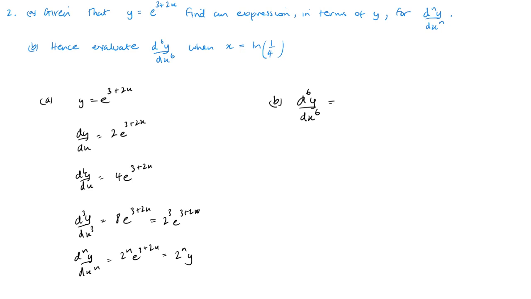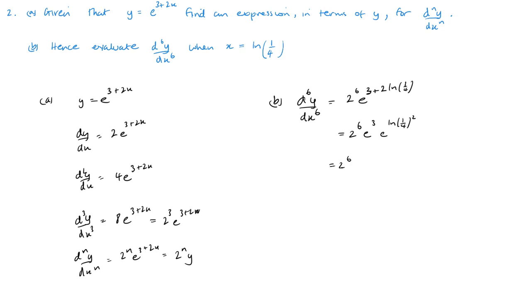So the sixth derivative is going to be 2 to the power 6 e to the 3 plus 2x, but x is ln a quarter. So it's going to be 2 to the power 6 e cubed e to the power ln a quarter squared.